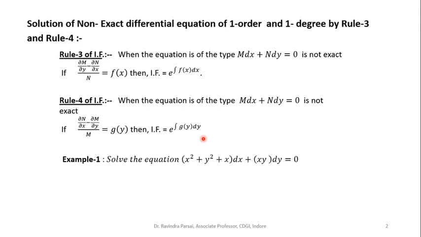Our first example is: solve the equation (x square plus y square plus x) dx plus xy dy equal to 0. Our first duty is to check the exactness.